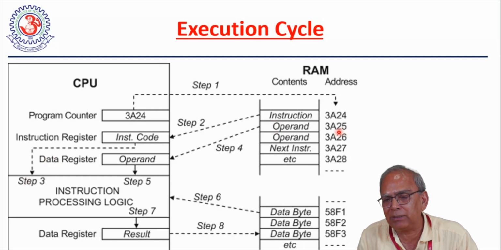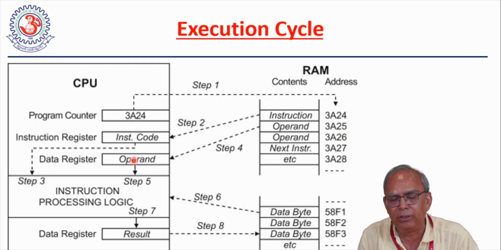So operands are, say, at 3A25 and 3A26 addresses, and they will be loaded into the operand registers. And so this is your step 4. And then the instruction processing logic has got all the things, because with the instruction code the hardware has been invoked, and it has got the operands. So now it will process, and the data will be fetched here.